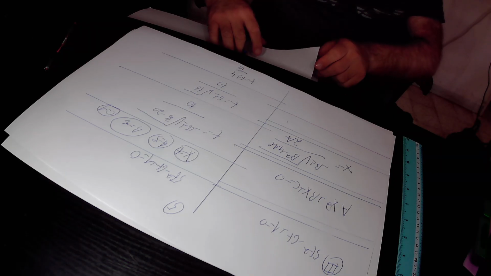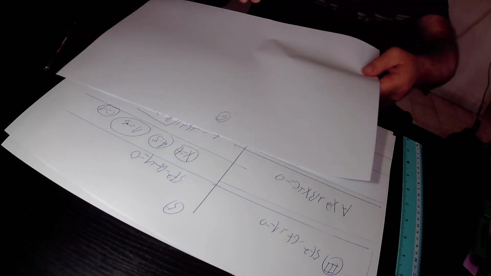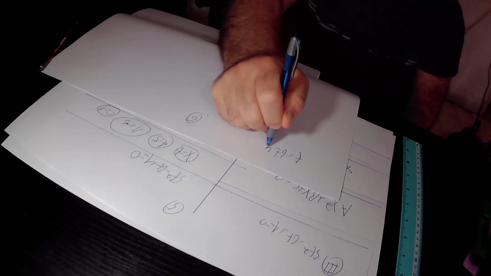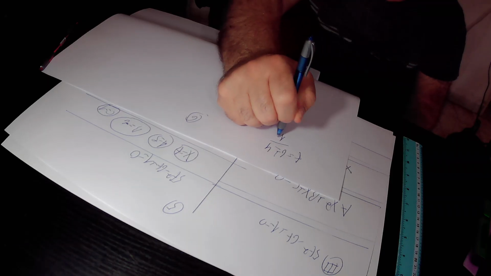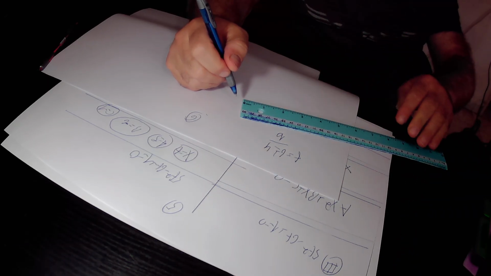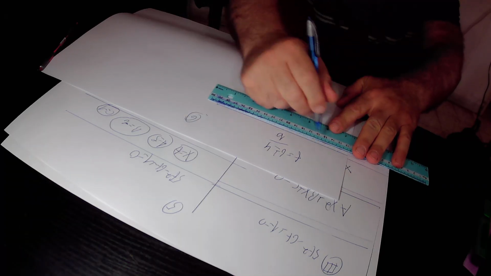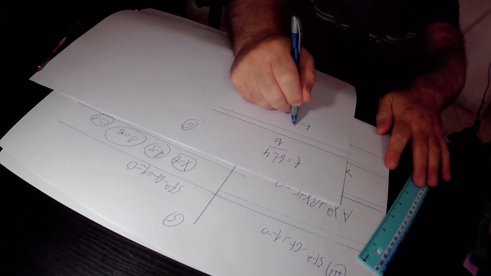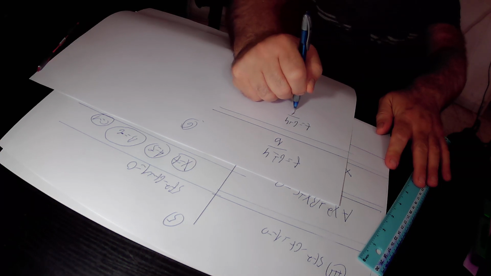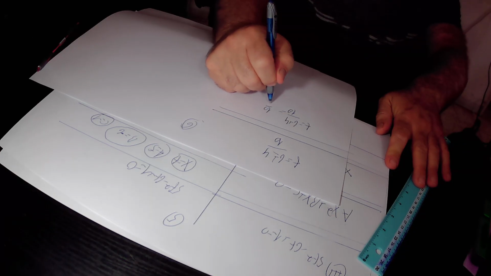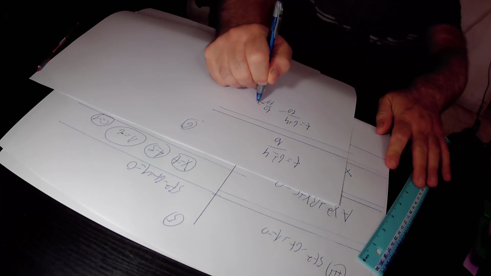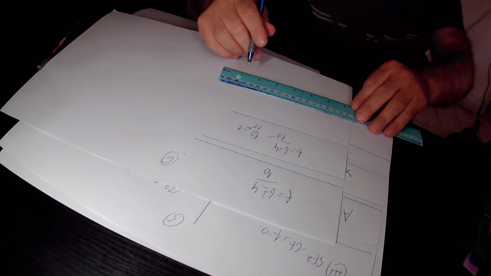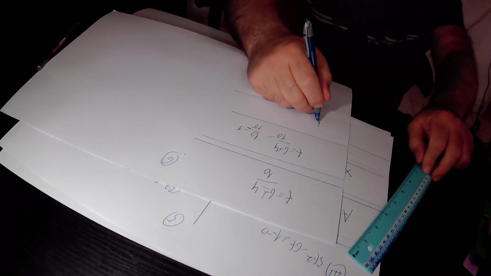We found out that t equals 6 plus minus 4 over 10. So here we have two solutions that are possible for t. The first solution for t is that t equals 6 plus 4 over 10. 6 plus 4 is 10, and 10 over 10 is 1. So according to the first solution, t equals 1.